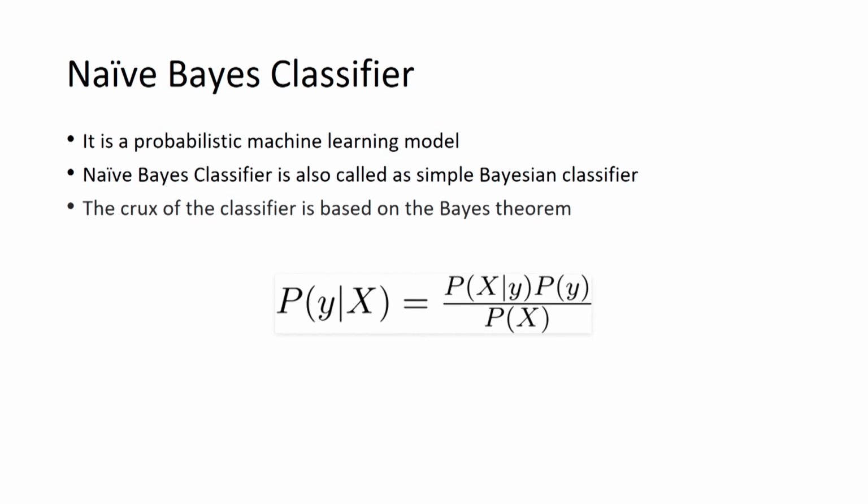Now, we will see the naive Bayes classifier, that is one example of a Bayesian classifier. Again it is a probabilistic machine learning model, and the naive Bayes classifier is also called a simple Bayesian classifier. Why is it called a simple Bayesian classifier or naive Bayes classifier?